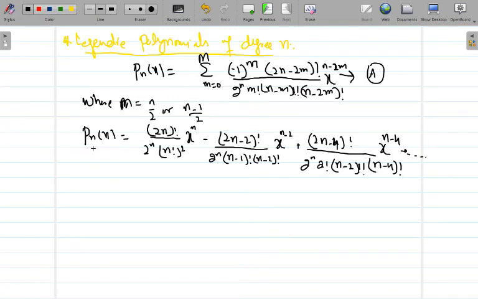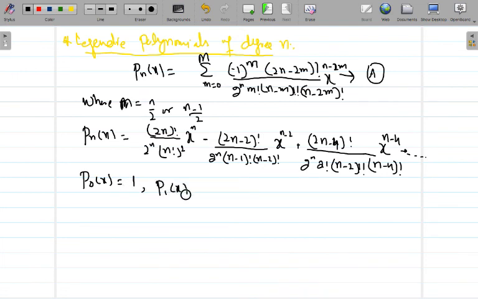Now for n is equal to 0, for example, we put n is equal to 0, so we get P0 of x. This is 0 factorial, which is 1, 2 power 0 is 1, this is also 1, and x power 0 is also 1, so we get P0 of x is equal to 1.